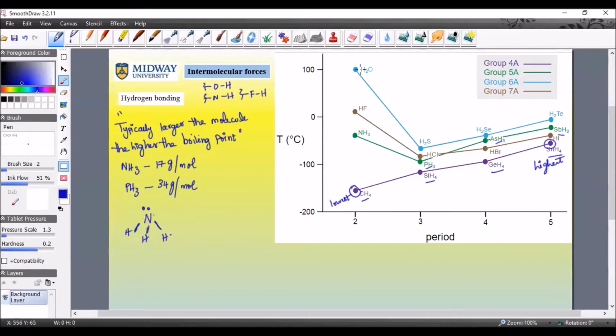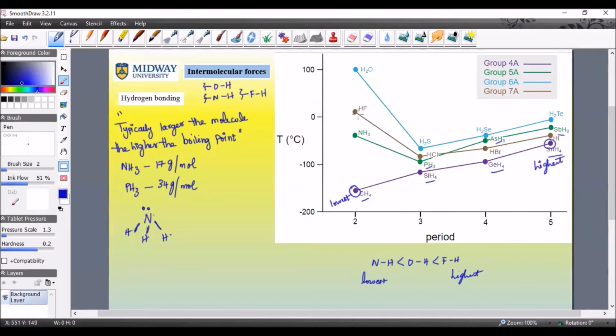Now you would wonder, I said that typically compounds containing nitrogen-hydrogen, oxygen-hydrogen, and fluorine-hydrogen, this is the lowest, this is the highest. But you see that water has a higher boiling point compared to HF, even though they both have hydrogen bonding.